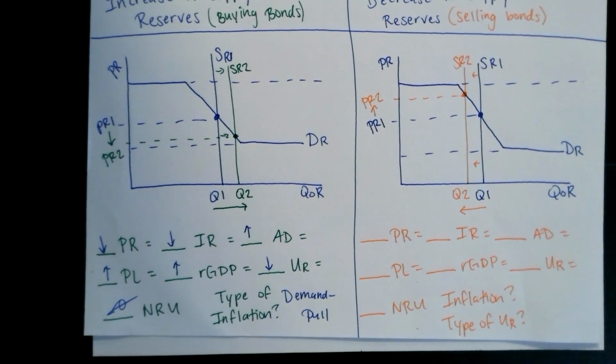Interest rates are contracted, lower AD dictates price. When it goes to the right, that means the price will go up. To the left, that means the price will go down. Our GDP will go down.